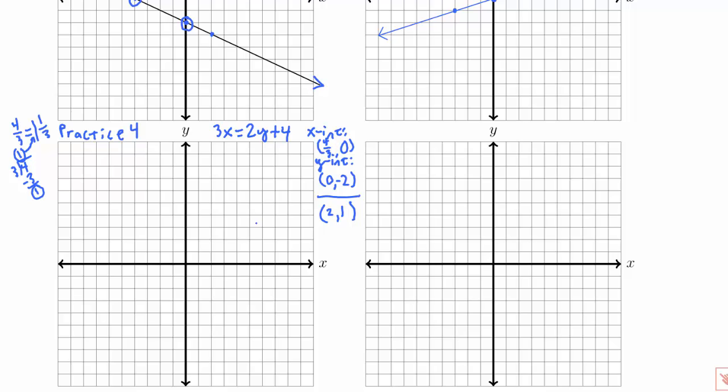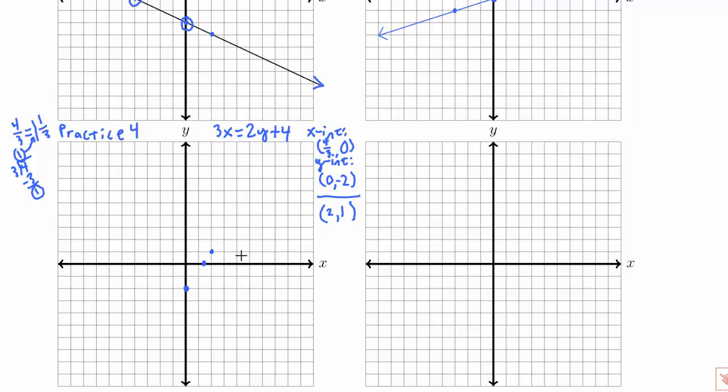So I'm going to go ahead and plot that. Notice that it's kind of hard to tell here, so you're just going to have to estimate. You're not going to be perfect when you have to do fractions like this. Then we have (0, -2). It's pretty easy to graph. Put it on there. And I went ahead and found another point here, (2, 1). So I went right 2, up 1. Notice that all of those fall on the same line. Good, that means that I probably did this correctly.